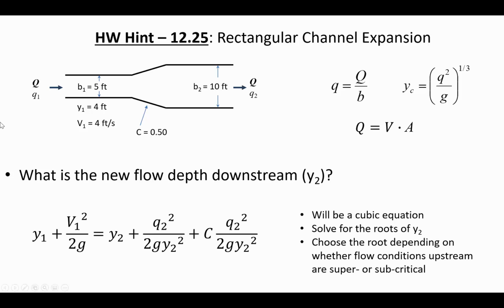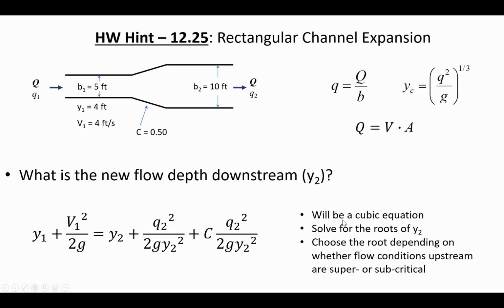It's saying that the specific energy at 1 is equal to the specific energy at 2 plus the losses. And so here, this C times the velocity head is the amount of energy that's lost in the channel because of the expansion. So you're losing 50% of the velocity head with the expansion.